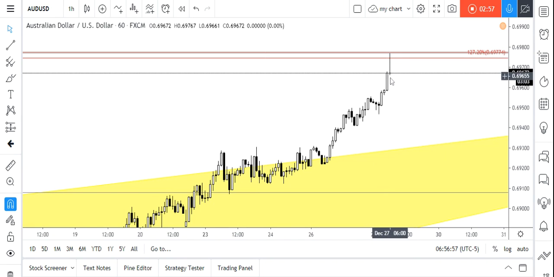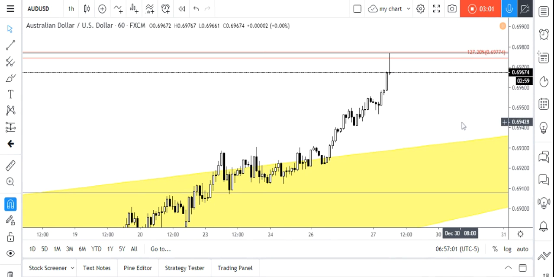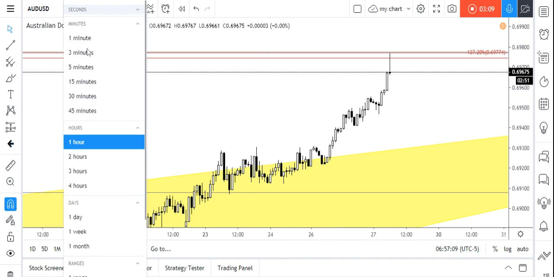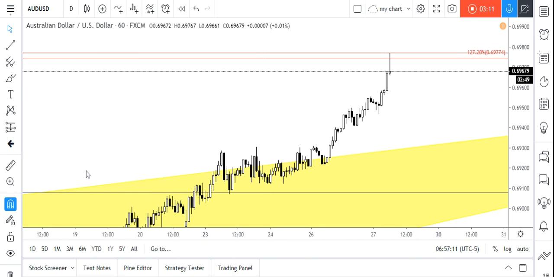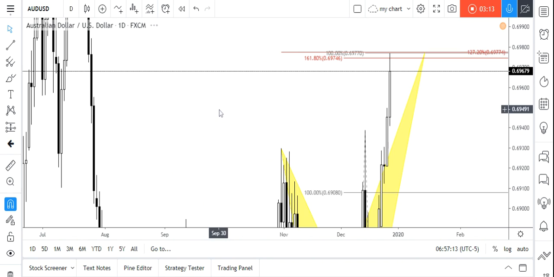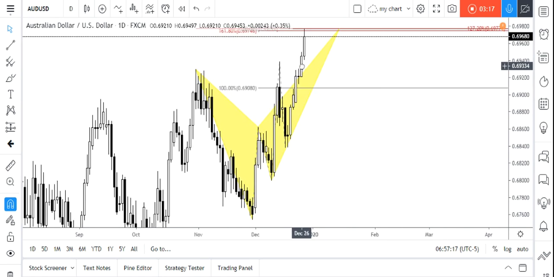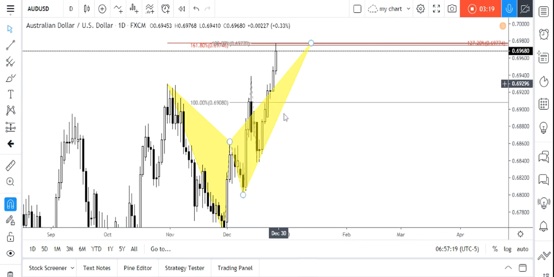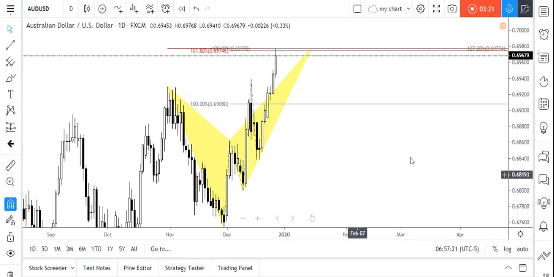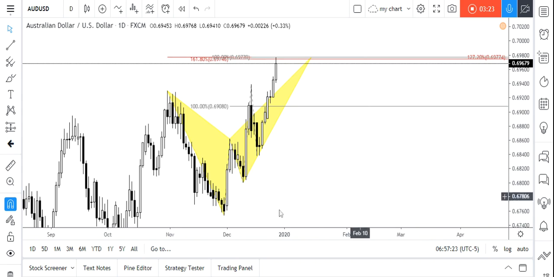So that is the concept, and here we will enter our sell position, and we will take our target at the 30% retracement of the whole move up. So let's plot the Fibonacci, and before we plot it, let's go to the daily time frame. The target of our sell trade will be a minimum 30% retracement against this whole move up.